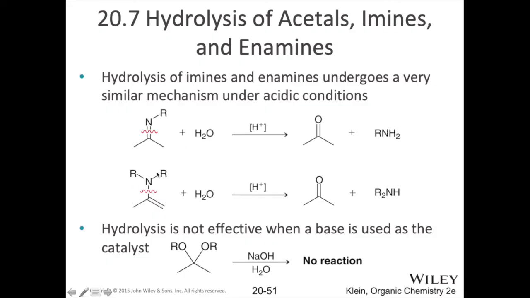Likewise here, we have an enamine, right? And so we basically cleave that off as a secondary amine, and we convert that into the corresponding carbonyl. Okay, in all of these cases, notice that we've been doing this under acidic conditions. It turns out that hydrolysis isn't very effective when using a base.